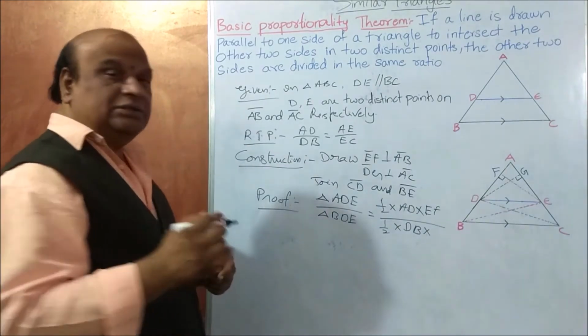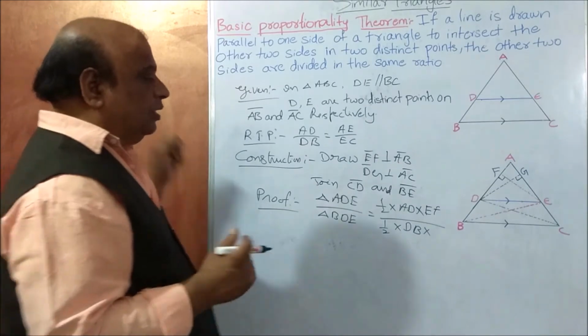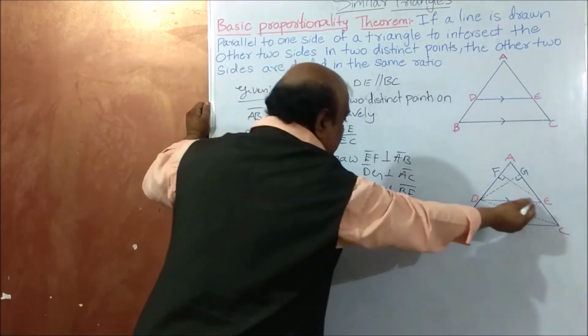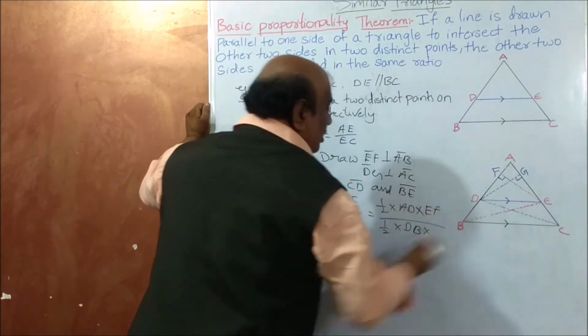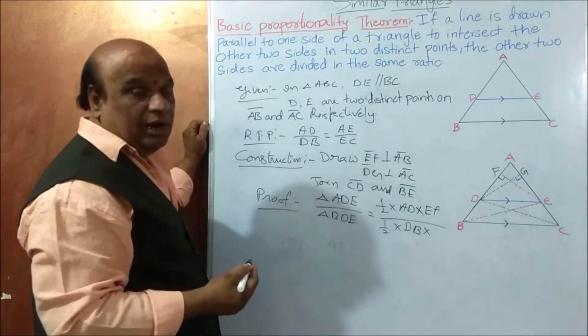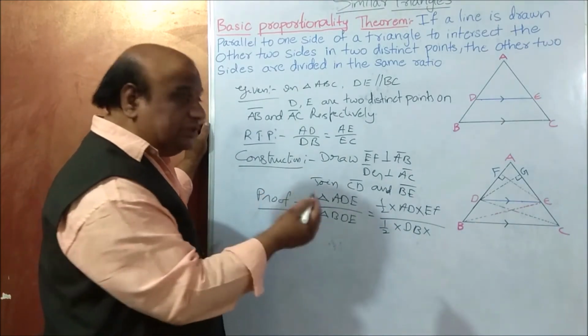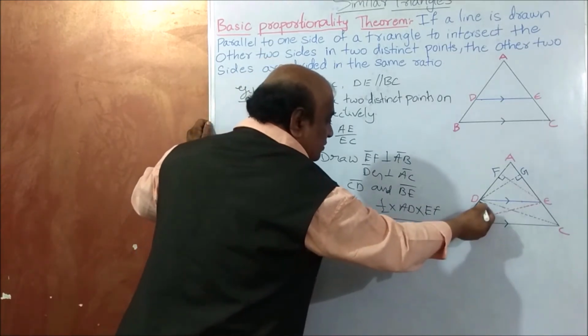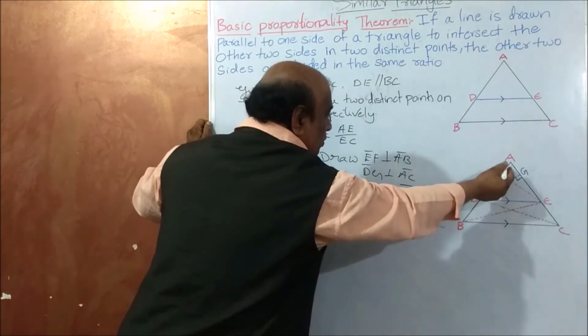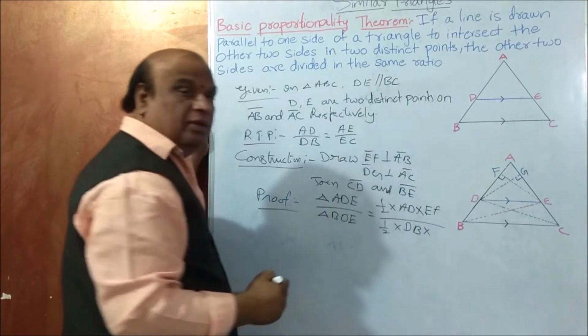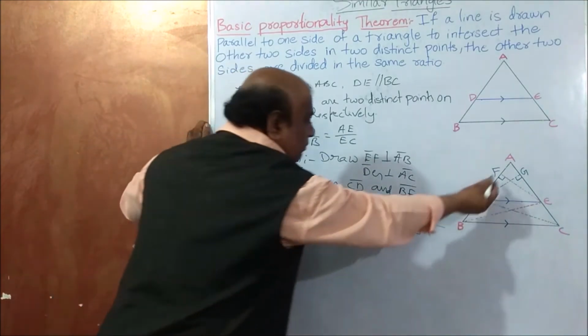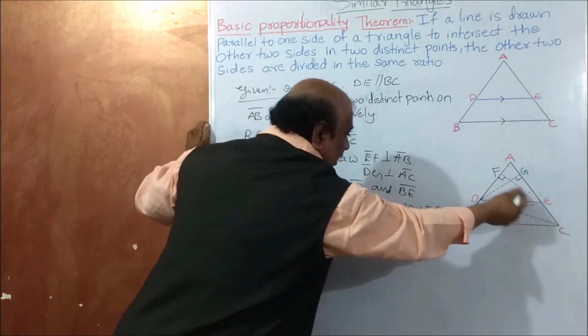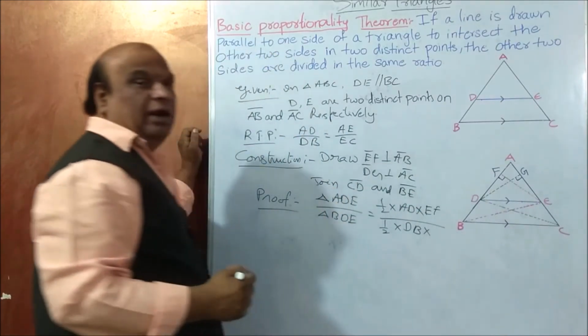Here, my dear students, observe this. In triangle BDE, we can't draw the perpendicular line. In such cases, if you produce BD up to F, then we can take FE as the perpendicular line.